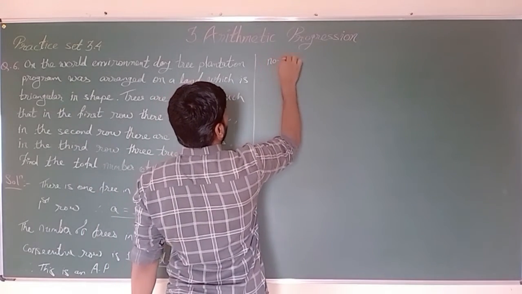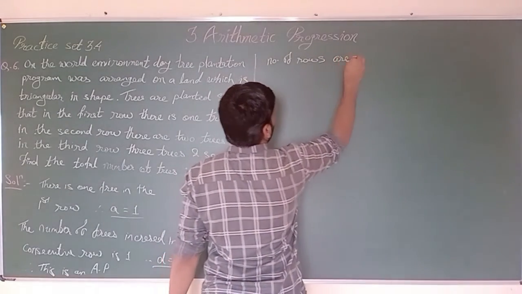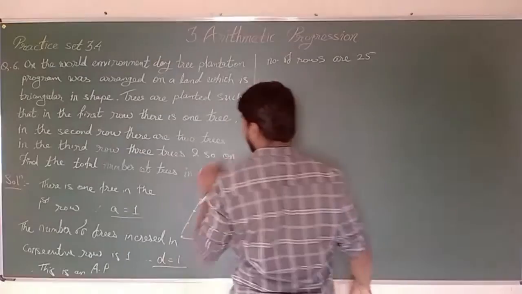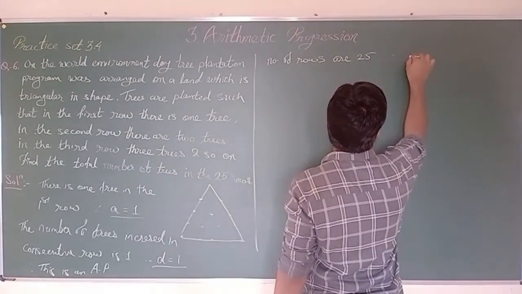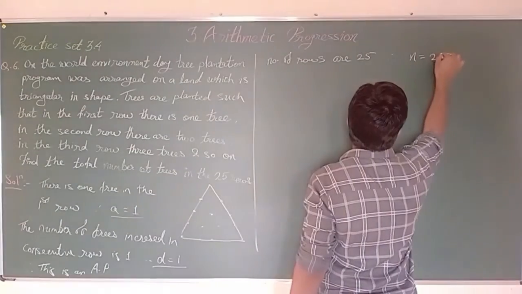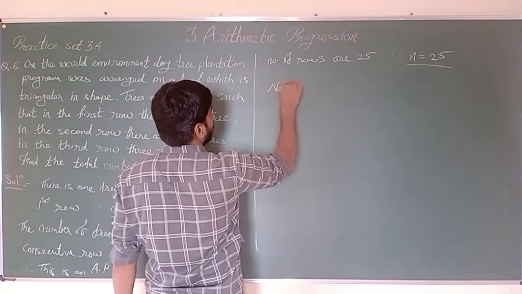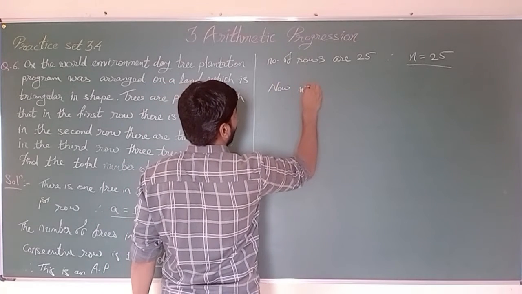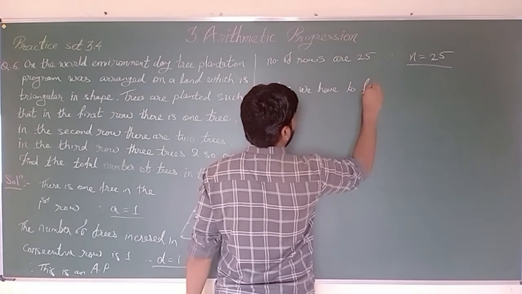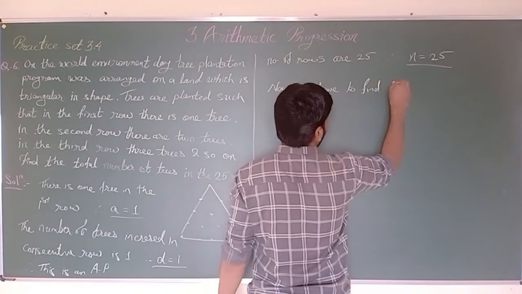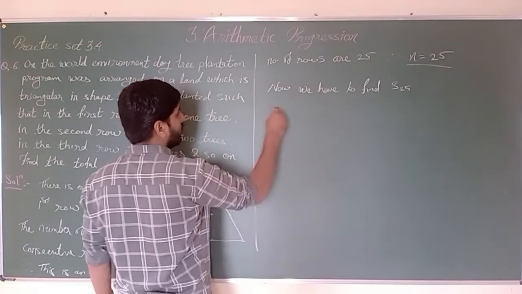The number of rows is 25. Therefore, the value of n is 25. Now, we have to find S25. For this, we will use the formula of Sn.